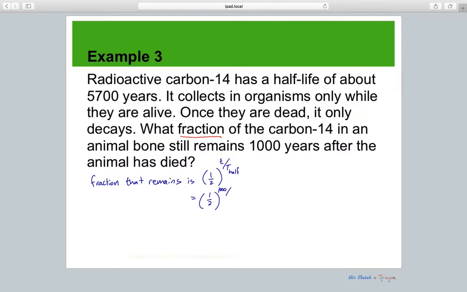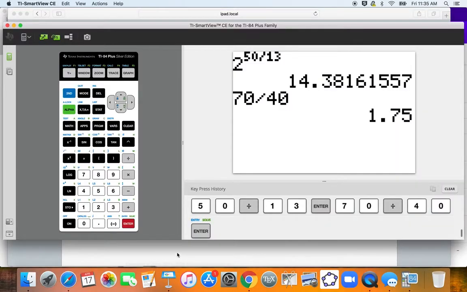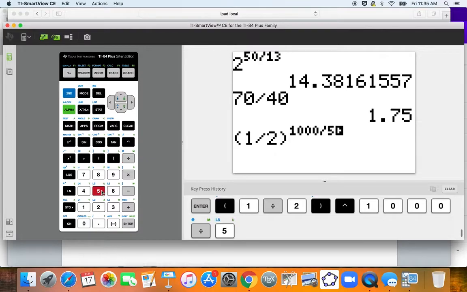What does it say the half-life is? 5,700 years. So we're going to get an approximation and do this in the calculator. I'll do 1/2, raised to the power of 1,000 over 5,700.